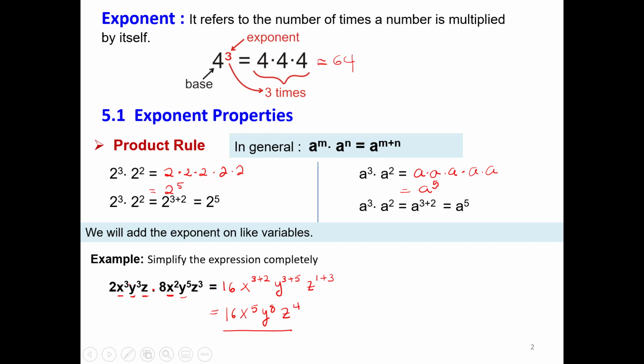We have the same base and we have the product, so we can add the exponents. Then 3 plus 2 is 5. We have y, with the product, so 3 plus 5 is 8. We have 1 here, then 1 plus 3 is 4.